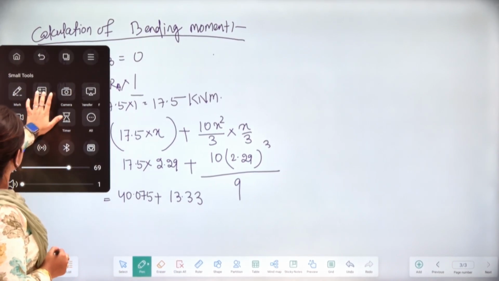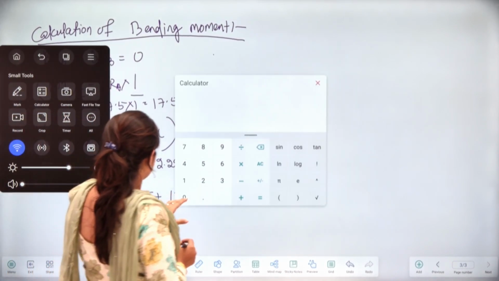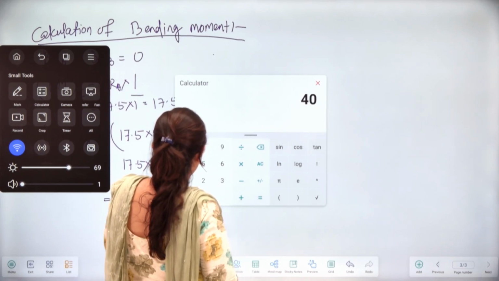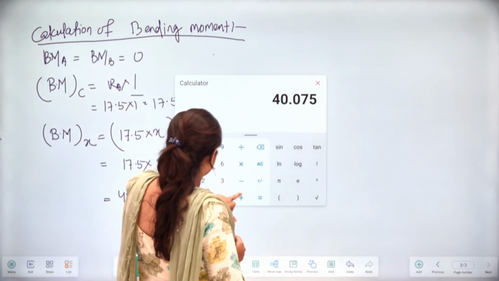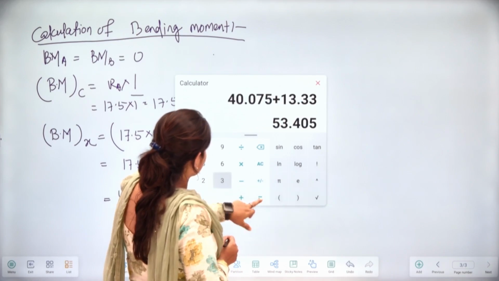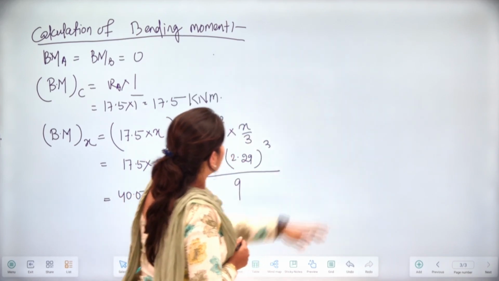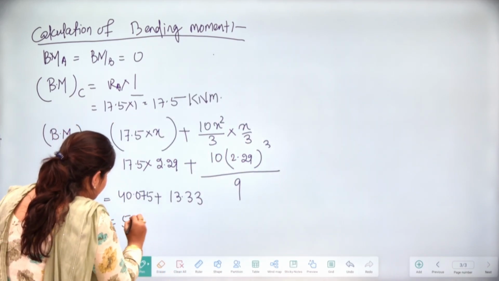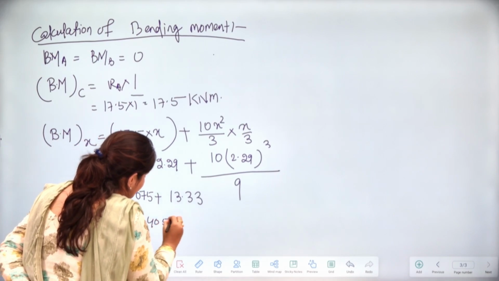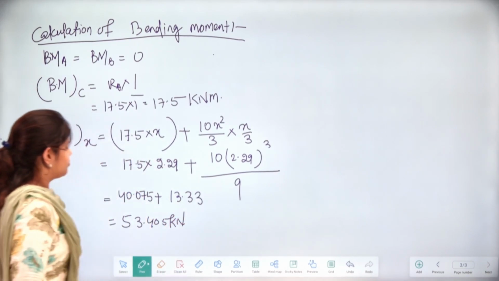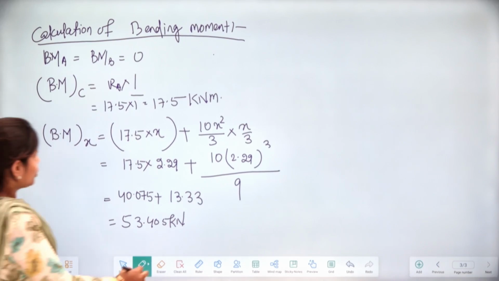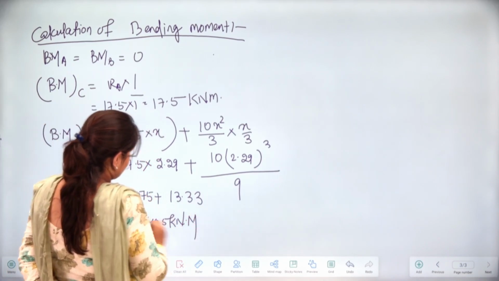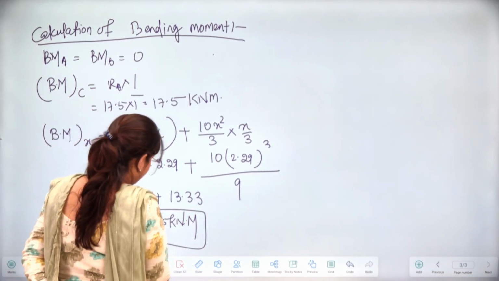Now the maximum bending moment will be 53.405 kilonewton meter. It will be our maximum bending moment.